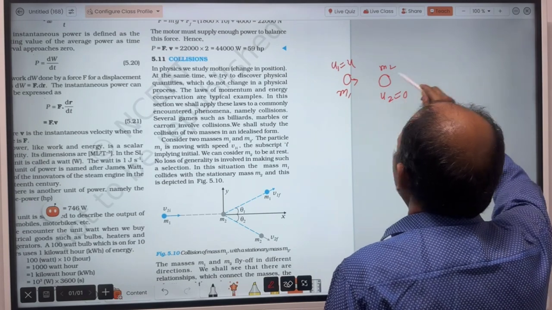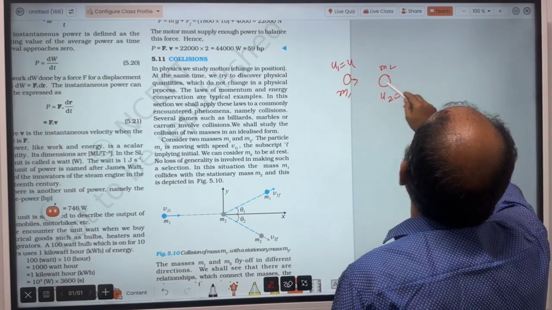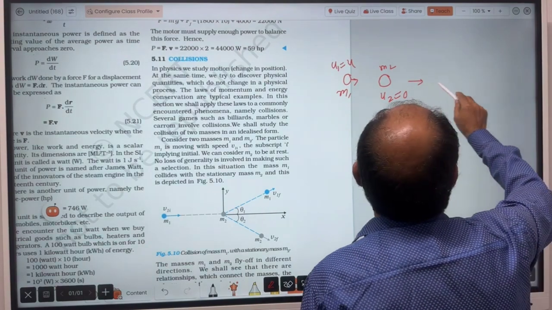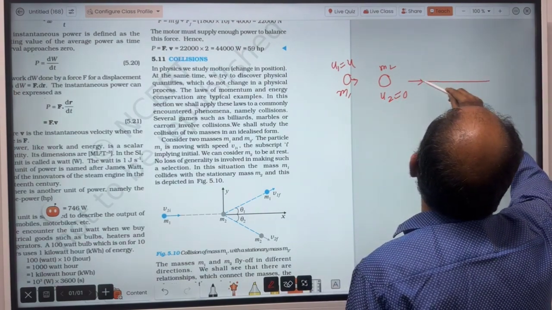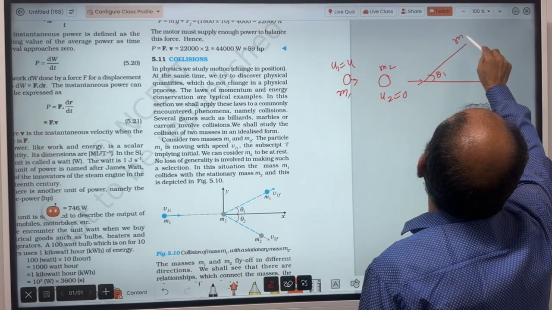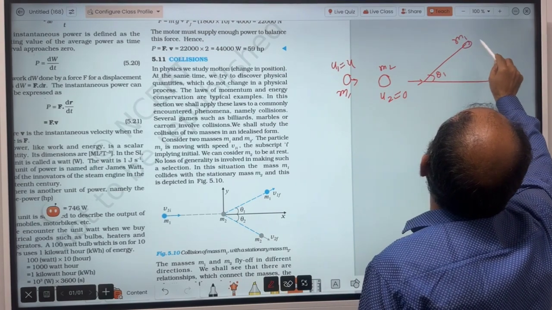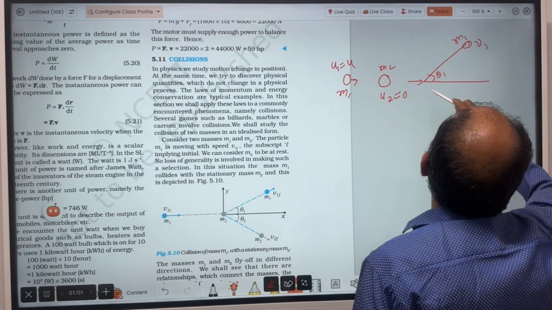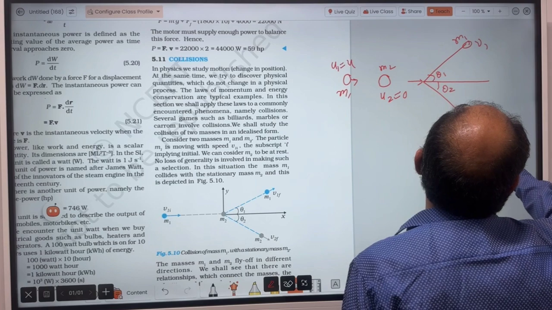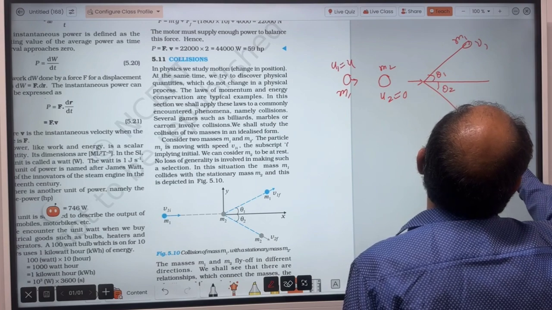Now after collision what happens? It may happen that both bodies move in different directions. Suppose this is angle theta 1. So suppose the first body moves in this direction with velocity v1, and the other body makes angle theta 2 and moves in this direction with velocity v2.